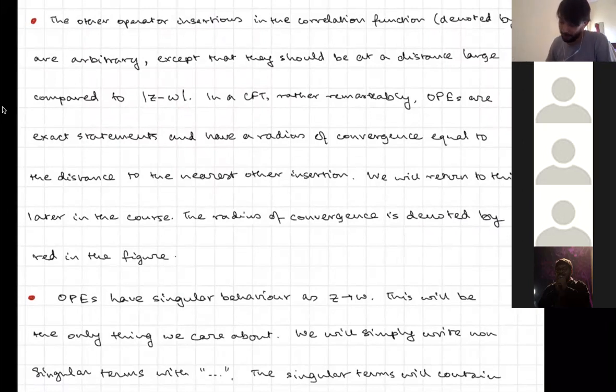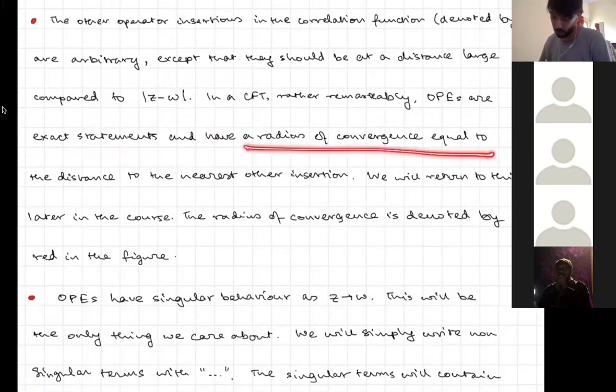In a CFT, rather remarkably, these OPEs are exact statements, and they have a radius of convergence equal to the distance of the nearest other insertion. We are going to return to this later in the course.